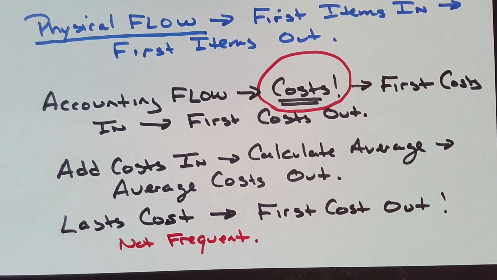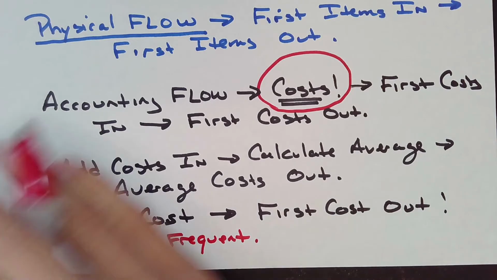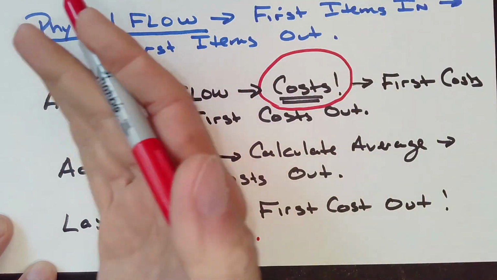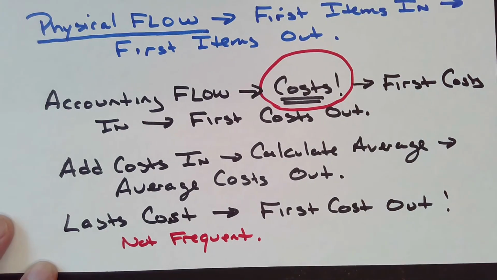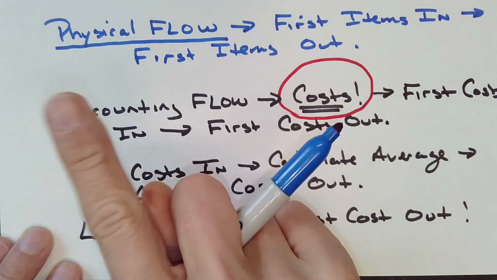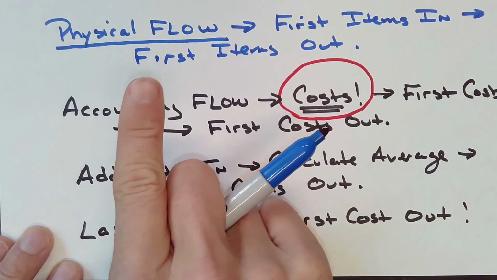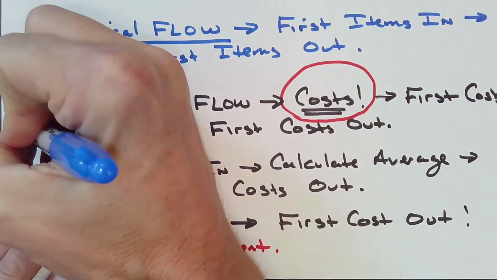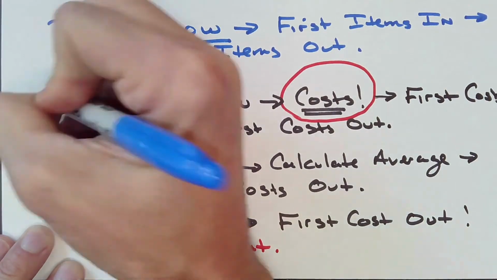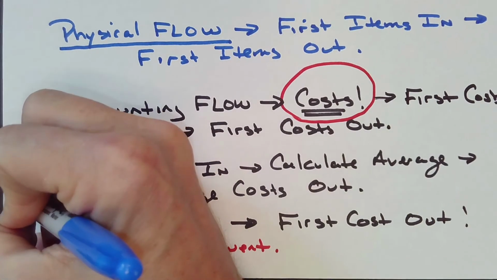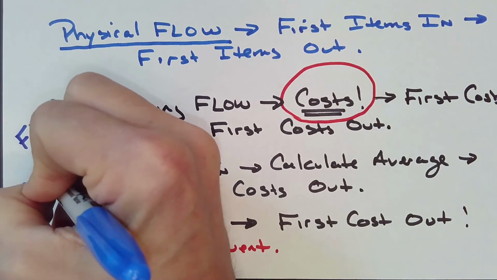And each of these three methods has a shortcut way of looking at it. This one is referred to as FIFO, we're just removing costs. This one's referred to as the average cost method.